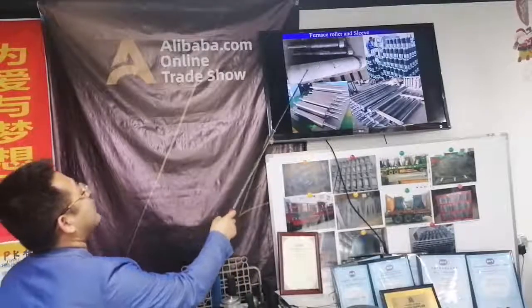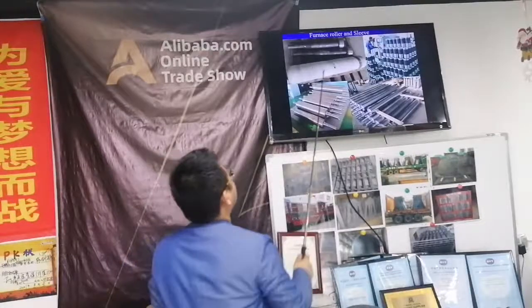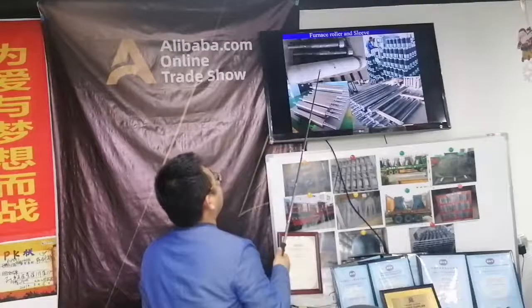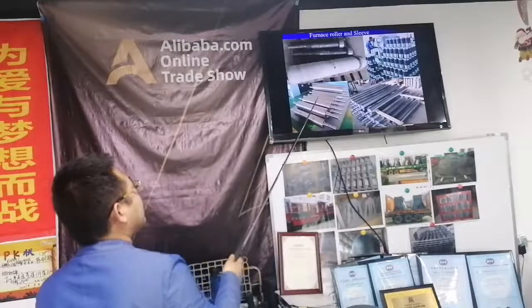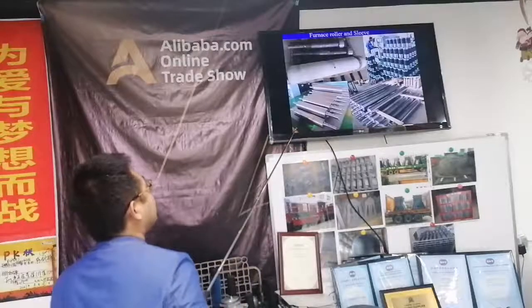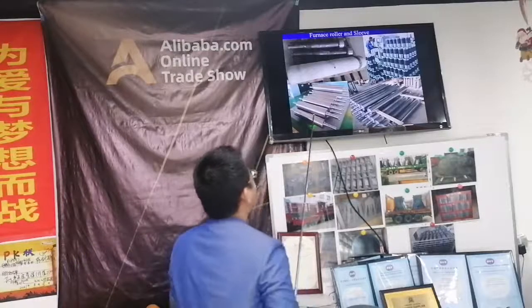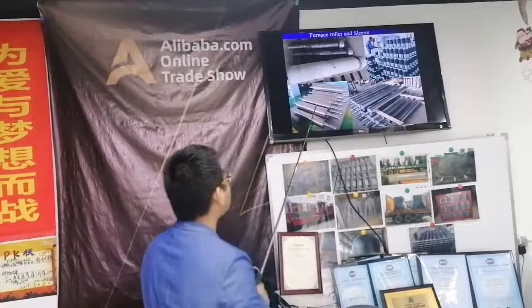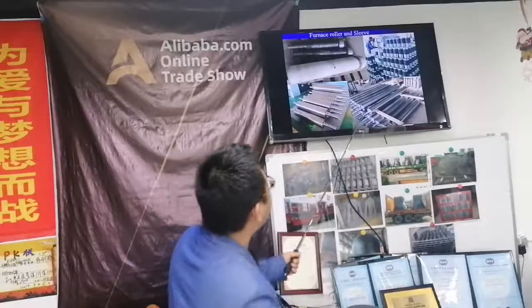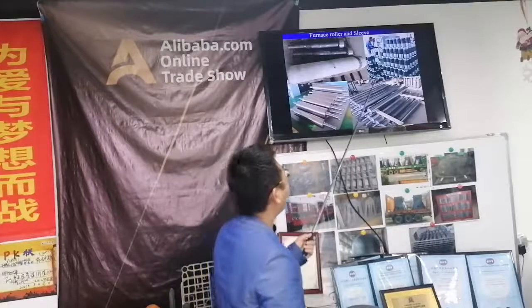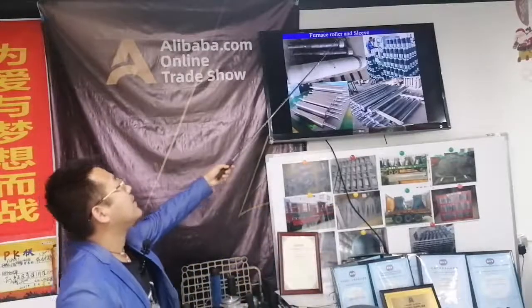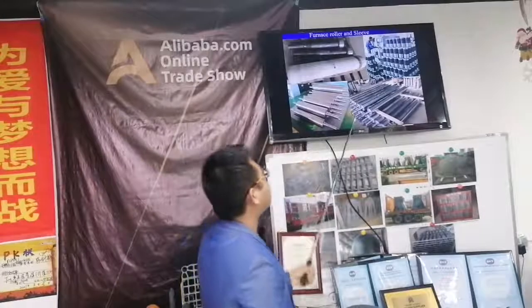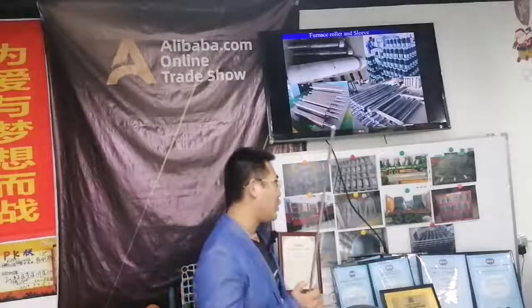Like these photos, we can assemble them and do machining and then make a sample one set. Like these photos, and another part is lift, like this, some small tubes.